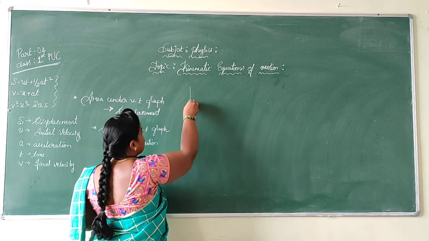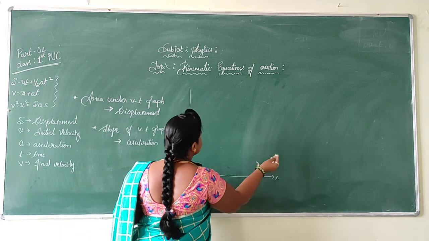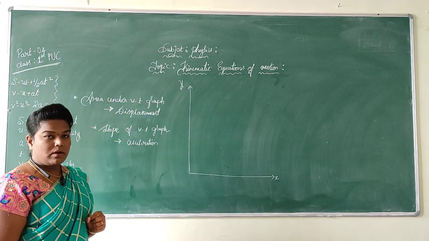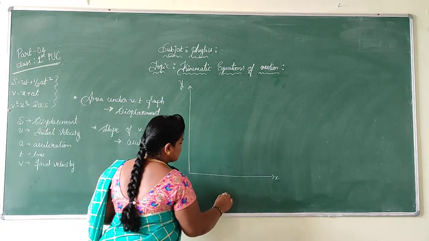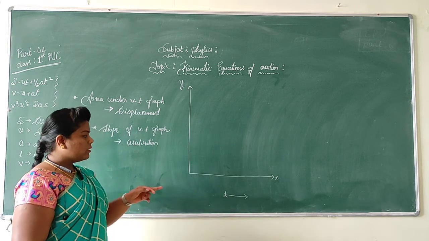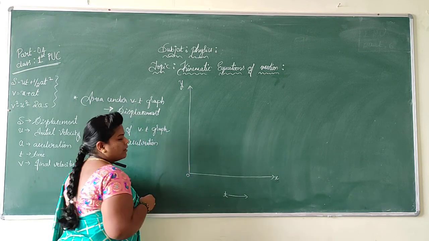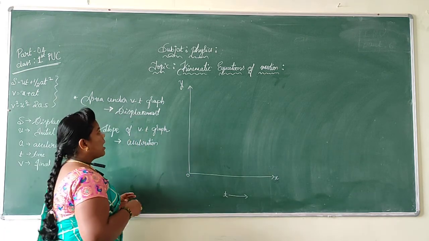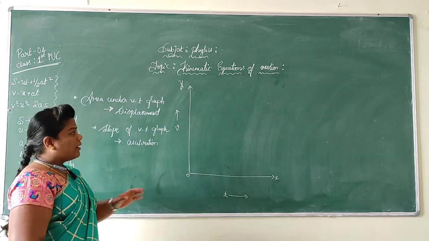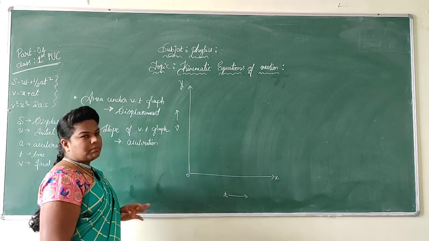See, my dear students, I am drawing two coordinate axes, the x-axis and the y-axis. Along the x-axis I consider time, represented by the symbol small t, and here is the origin O. Along the y-axis I consider velocity, represented by the symbol V.